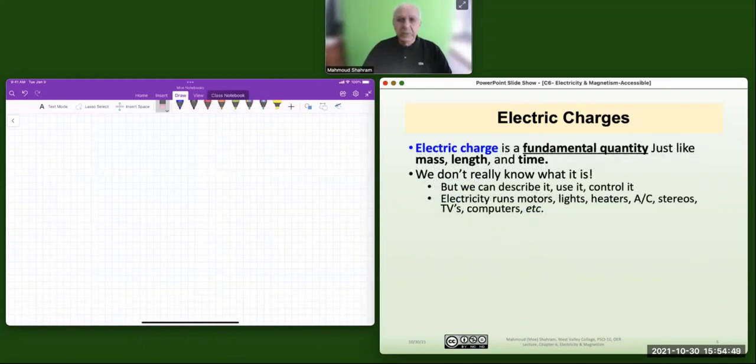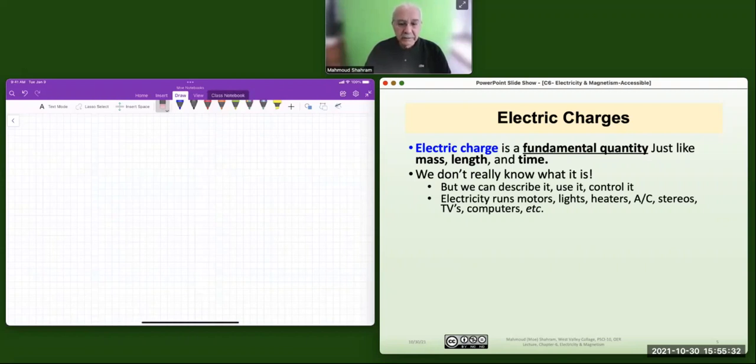Most objects are electrically neutral, but they all have electrical charge within them. Atom has electric charge inside, but overall they are neutral. And the reason they're neutral is because the electric charges are balanced inside them. And electric charge is a fundamental quantity, just like mass or length or time that we mentioned earlier.